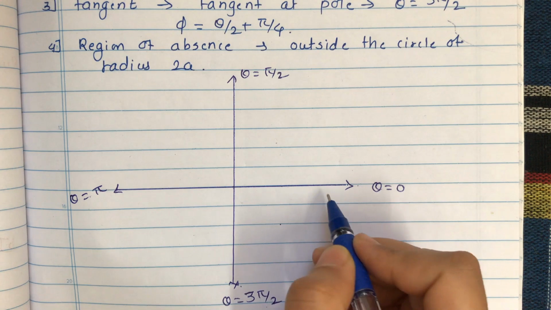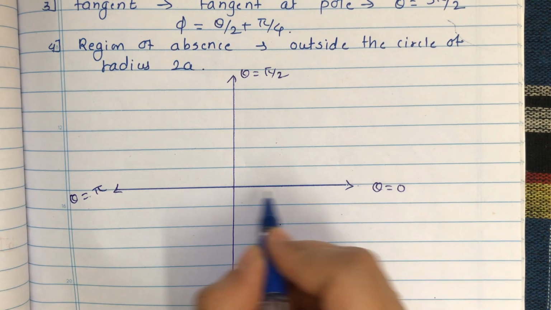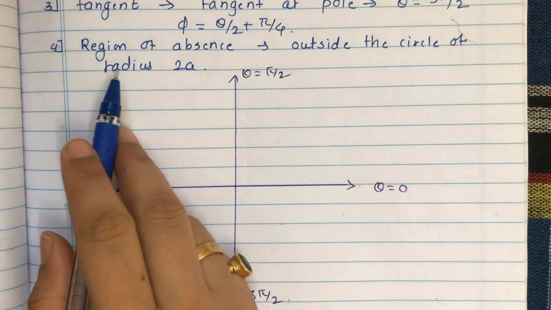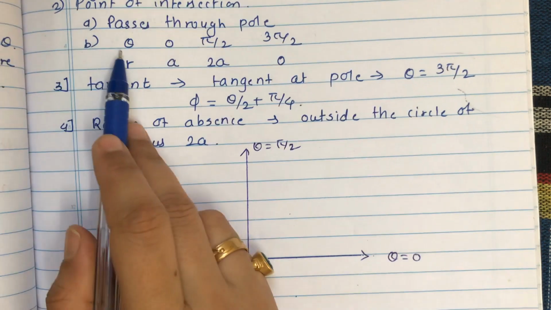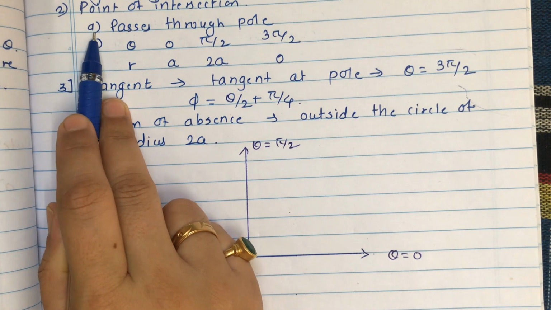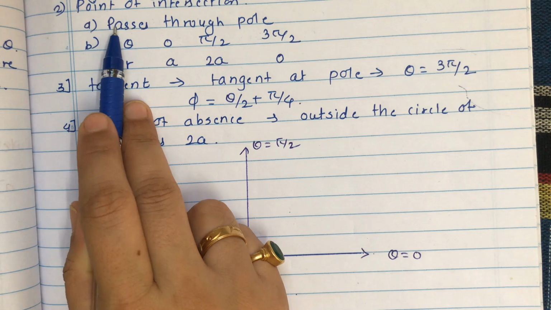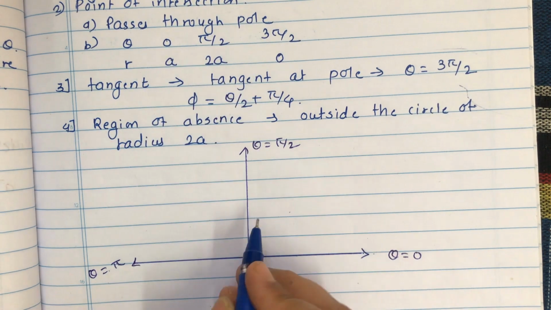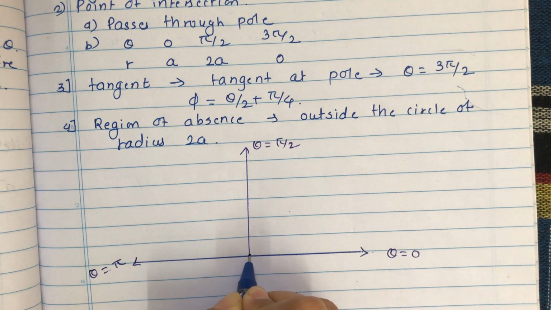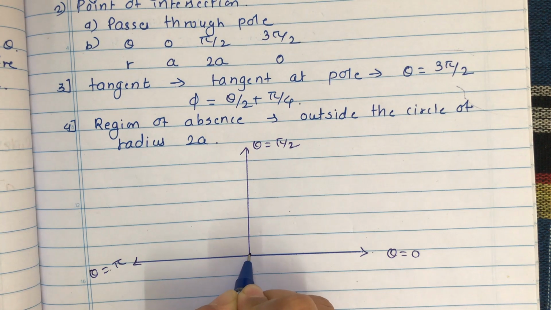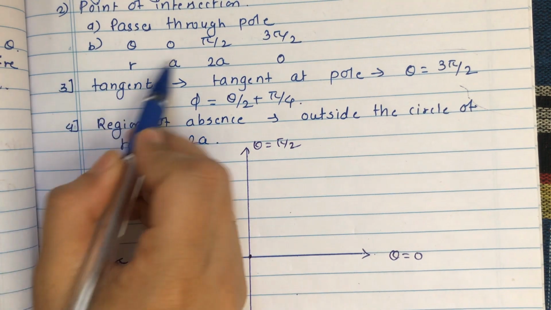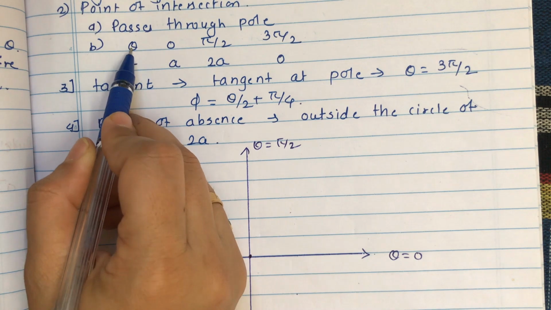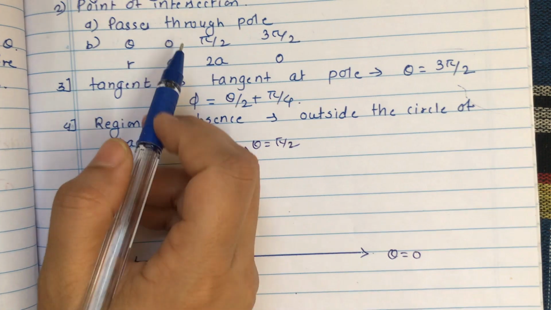Next step is we have to plot the points using points of intersection. So here the first point we got is that the curve passes through the pole. That means we will plot here, this is the pole. Next, using this table we will plot the point when theta is equal to 0, r is equal to a.